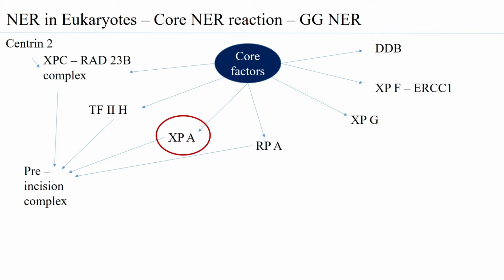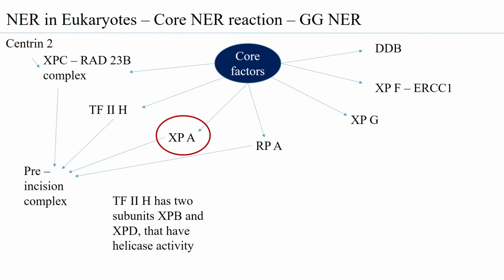Now, TF2H, as mentioned before, has two subunits, XPB and XPD, and these two subunits have helicase activity, and they also have an ATP binding domain, which binds to the ATP and also has the ability to hydrolyze the ATP because they have inherent ATPase activity.